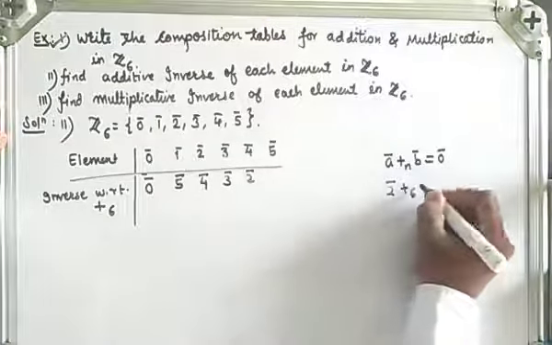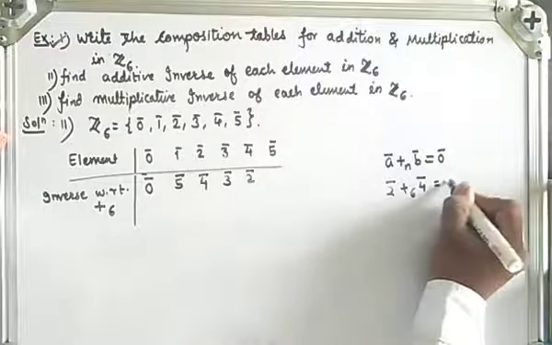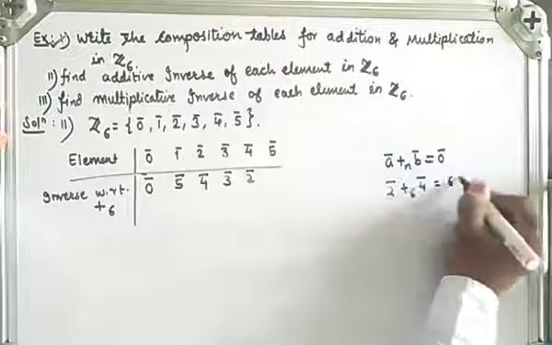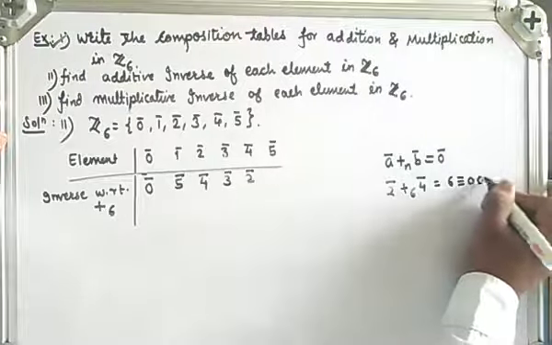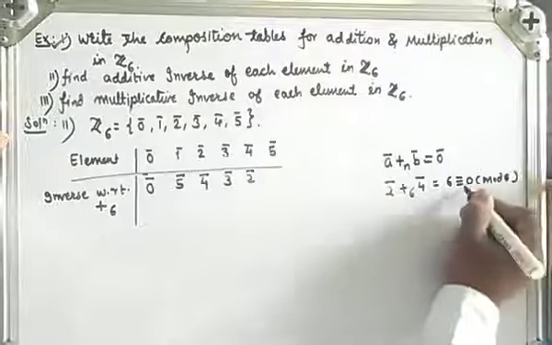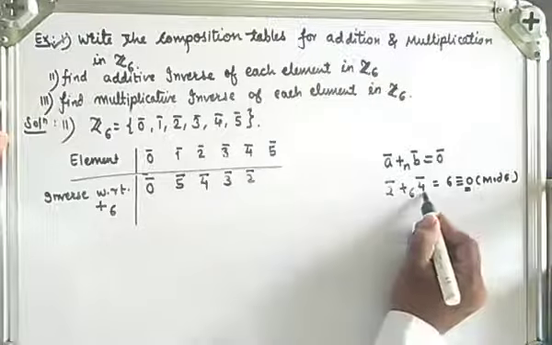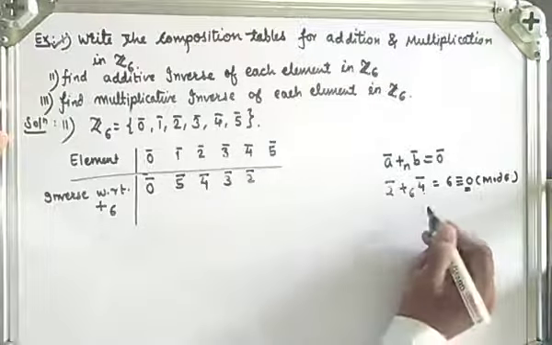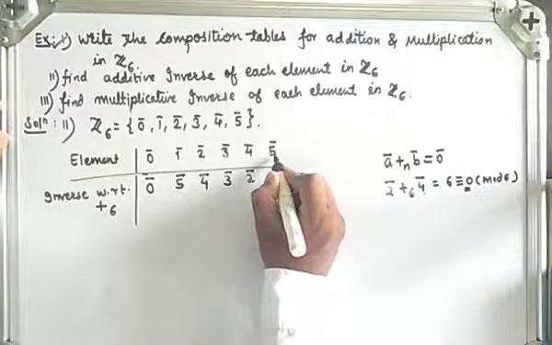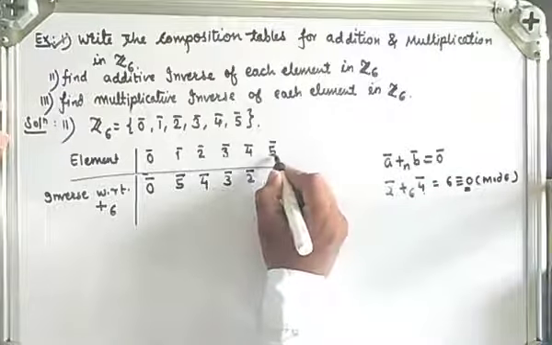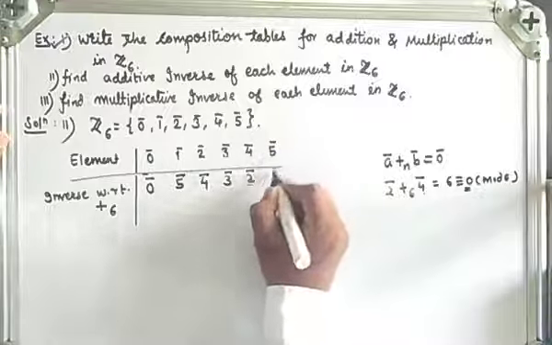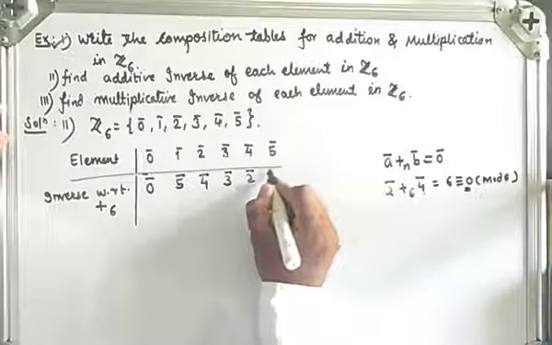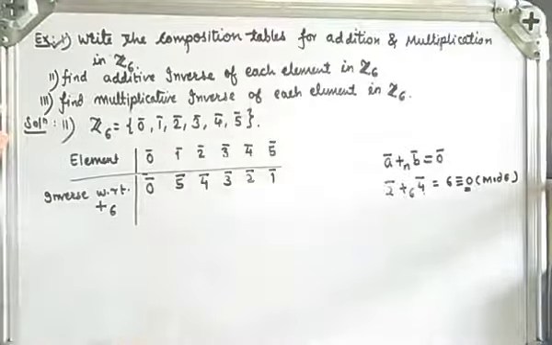If I add 4 bar with 2 bar, we get 4 plus 2 is 6, and 6 is congruent to 0 modulo 6, right? So here 4 is an additive inverse of 2. Now to find the inverse of element 5, I will add 5 with 1. So 5 plus 1 is 6, and 6 modulo 6 is 0.